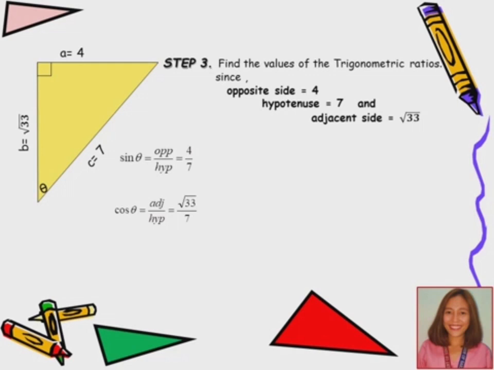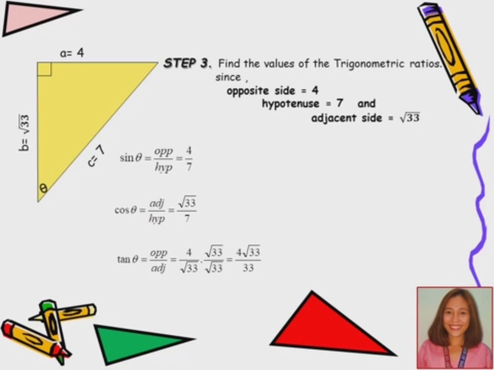What is the abbreviation of our tan? That is TOA. T-O-A. So, tan equals opposite over adjacent. So, since our opposite is 4 and our adjacent side is square root of 33, so substitute, it is 4 over square root of 33.